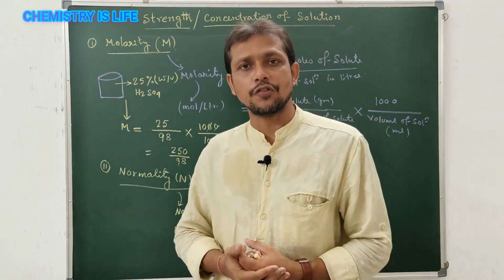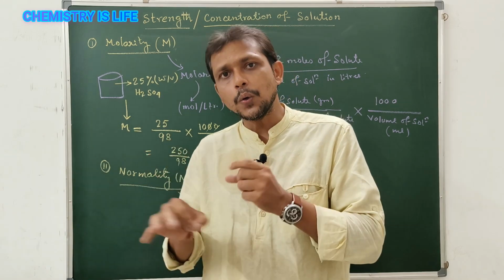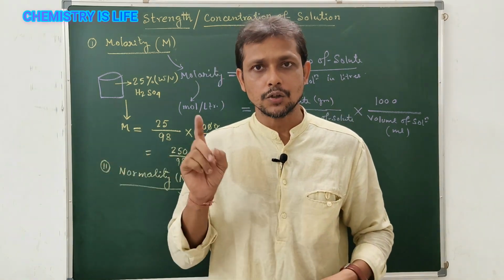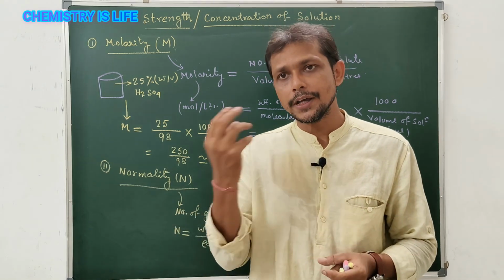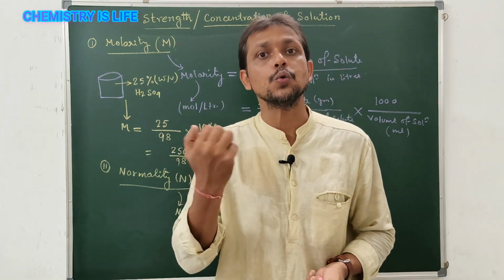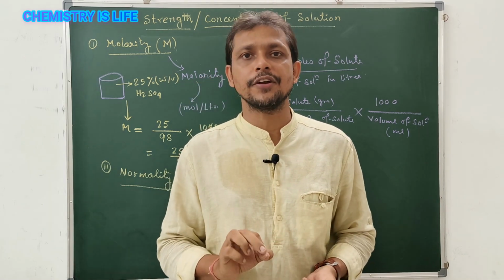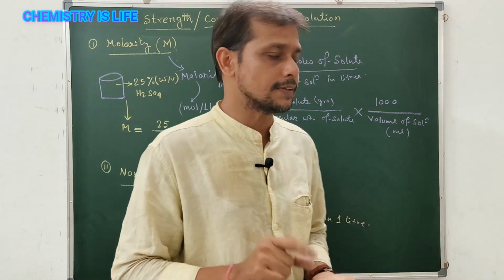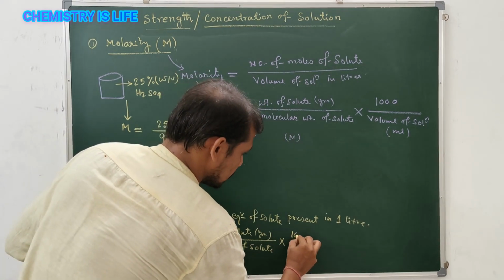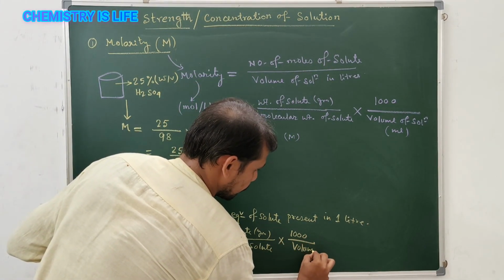Like H2SO4, it breaks into 2H plus and SO4 2 minus. So it gives 2H plus ions in its aqueous solution. So H2SO4 has an N factor of 2 or valency factor of 2. I'll make a different video about calculating equivalent weight. Please watch that. Then multiply into 1000 divided by volume of solution.